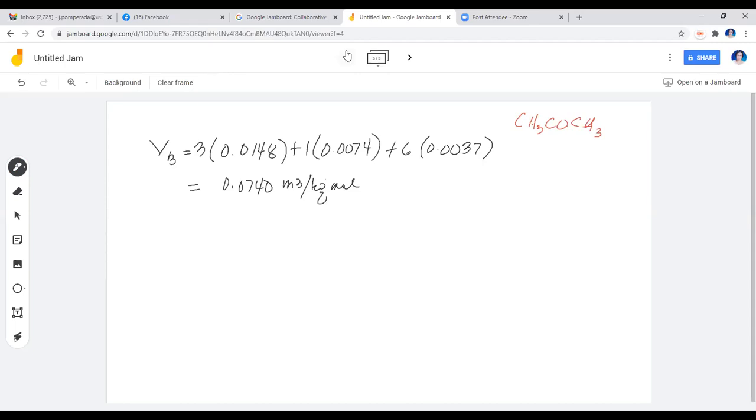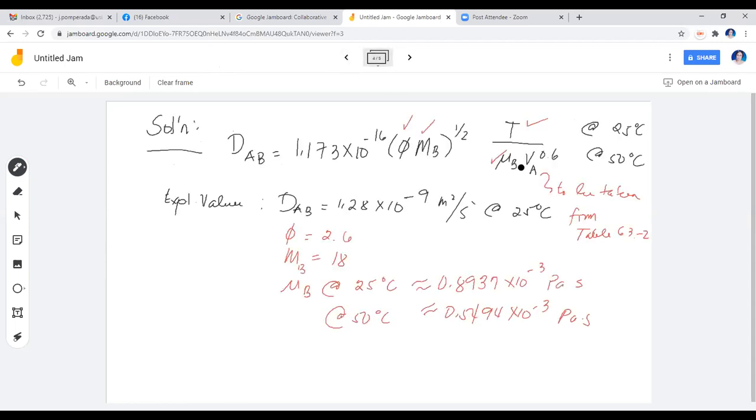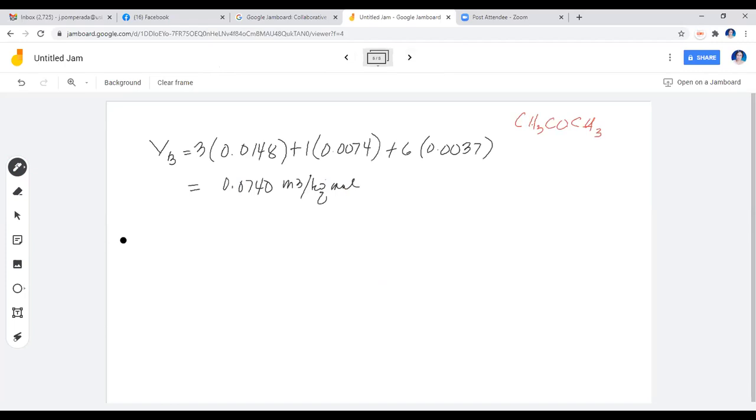We just go back to the formula and substitute. Now you need to determine the DAB at 2 temperatures. So at 25 degrees Celsius, that would be in Kelvin equivalent to 298 Kelvin.